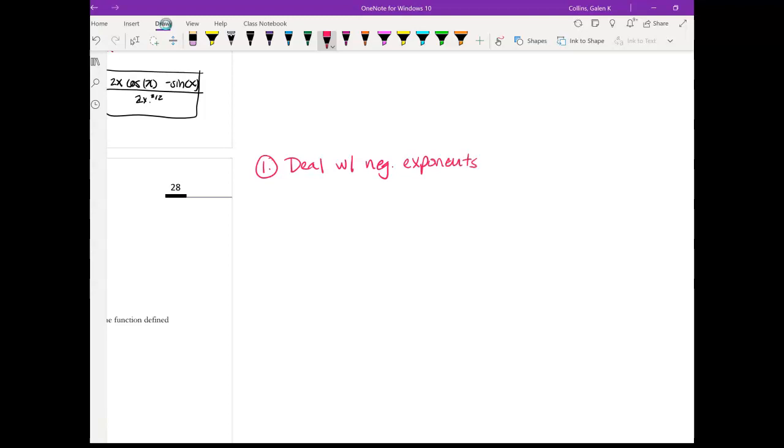Just like in that last example, this can sometimes mean breaking up a derivative into fractions with the same denominator when we have multiple terms in our numerator and one of the terms has a negative exponent. So we deal with negative exponents first, and then sometimes we need to uncommon denominize, which is kind of made up, but I bet you know what I mean.